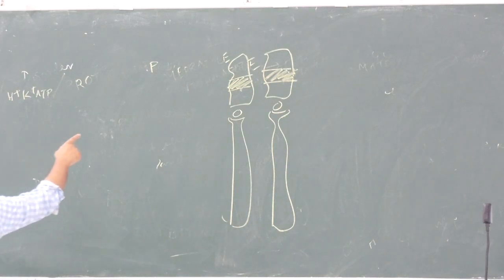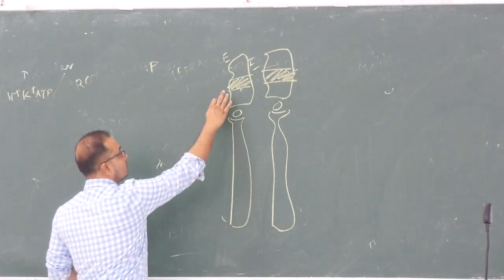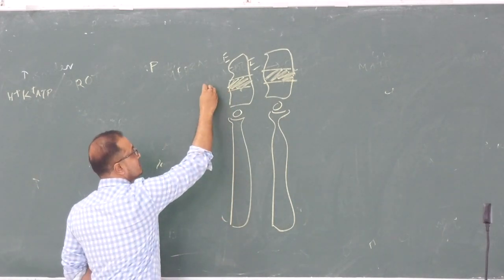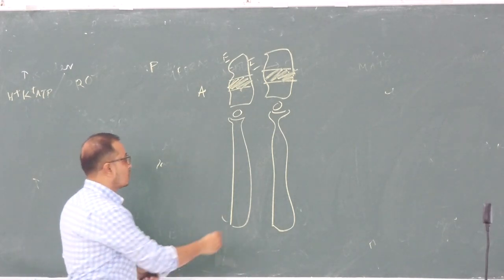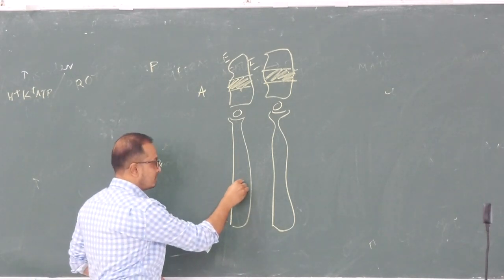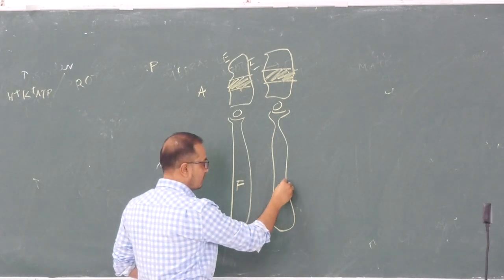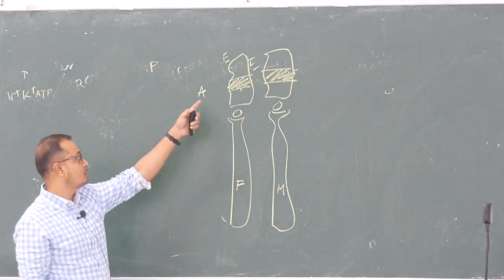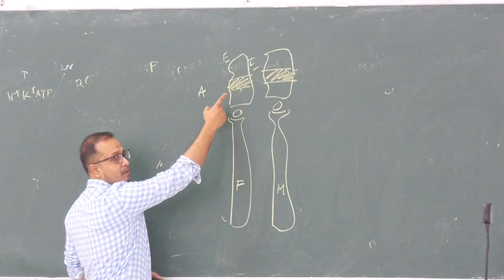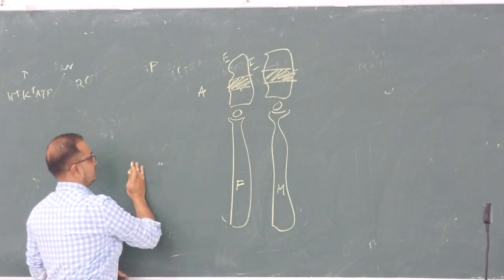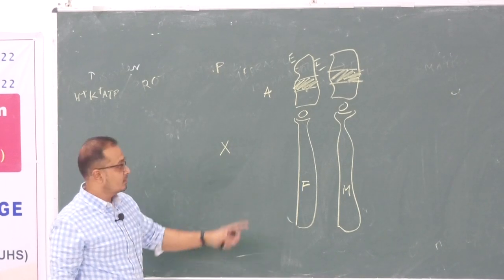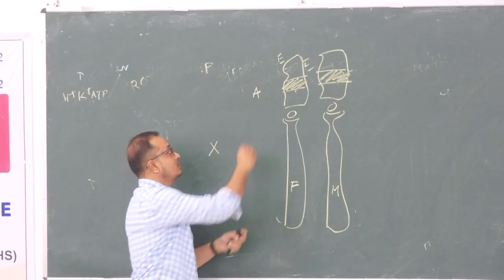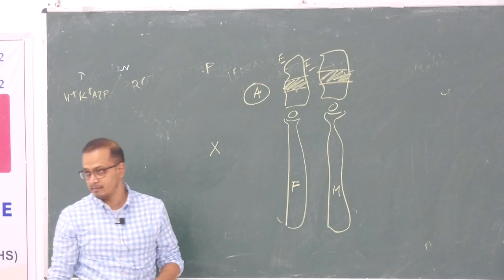In this area where it is shaded, we have a gene which is, for example, A. Now a chromosome coming from my father and another coming from my mother. Say we name the allele X. In the X allele on the father half, we have a gene located which is A.